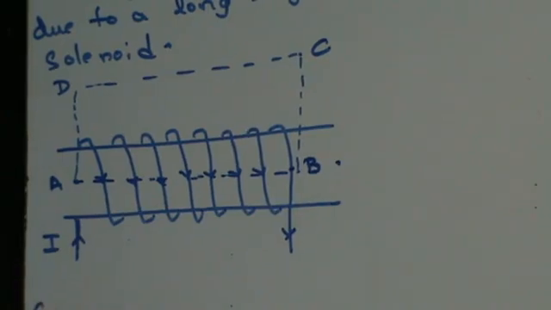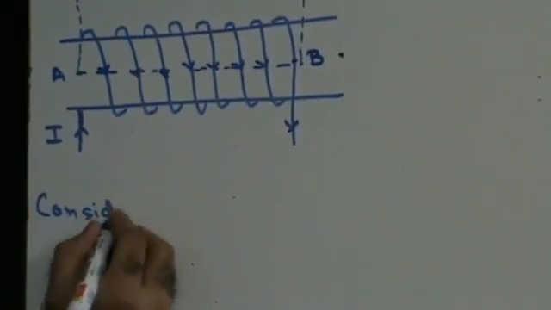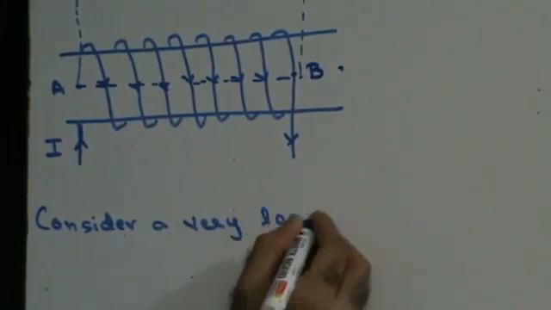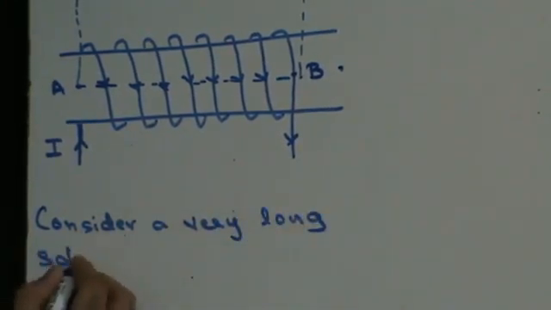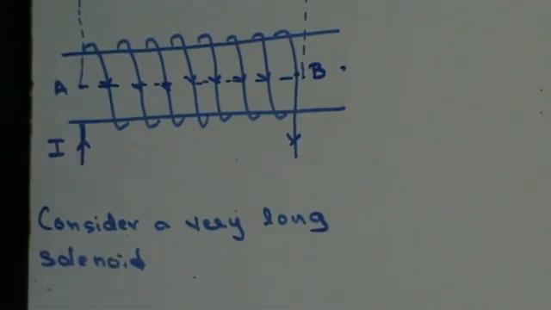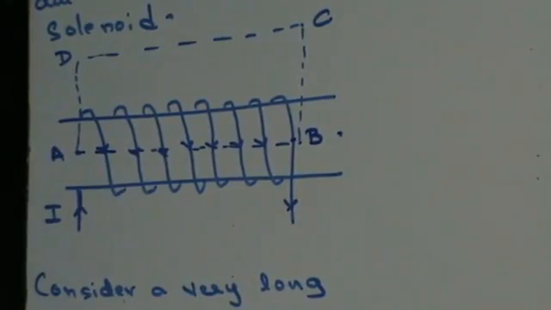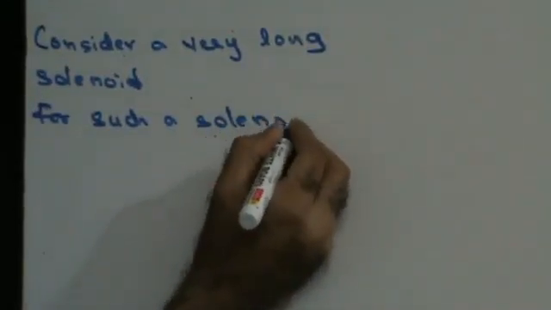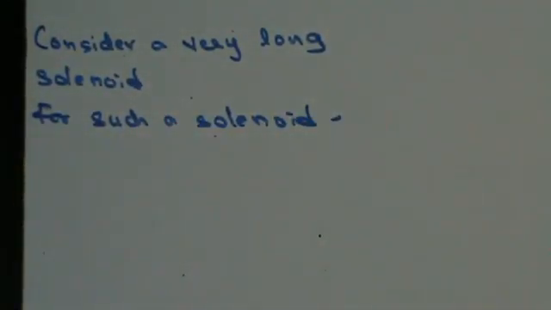Consider a very long solenoid. Now for such a solenoid, what are the various things that I have?